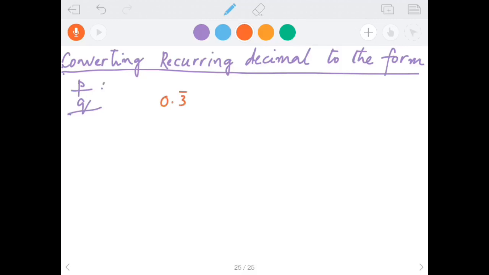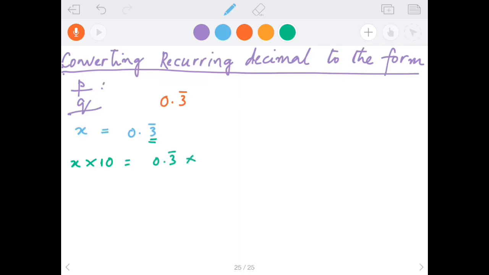So here comes your first example. It's 0.3 bar. Now let us try and understand how this is going to work. The first step is to write x is equal to 0.3 bar. Now you notice that there is one number under the bar, therefore you will have to multiply both sides by 10. If you see two numbers under the bar, you will multiply it by 100.